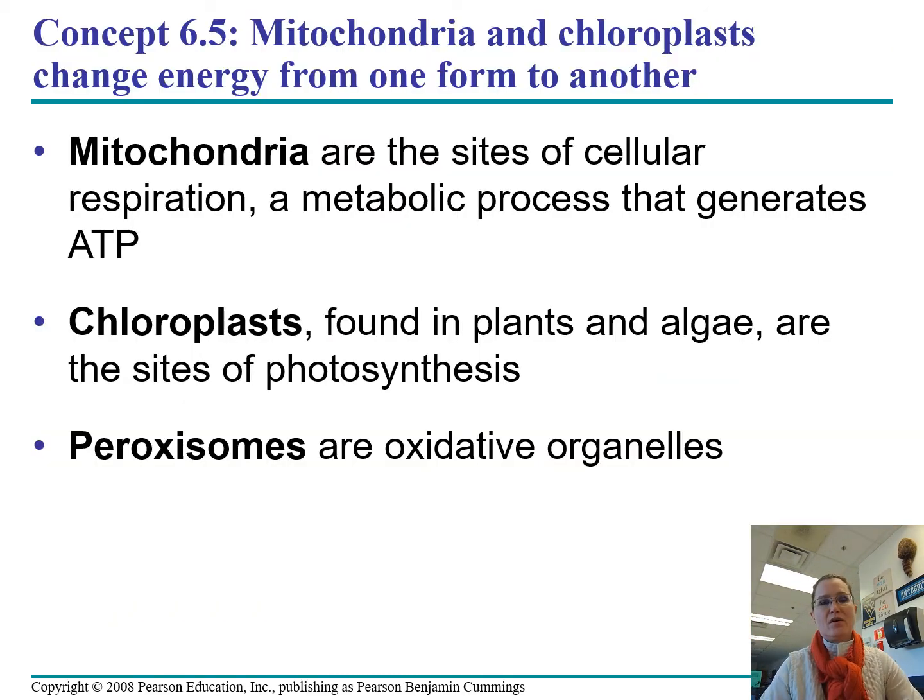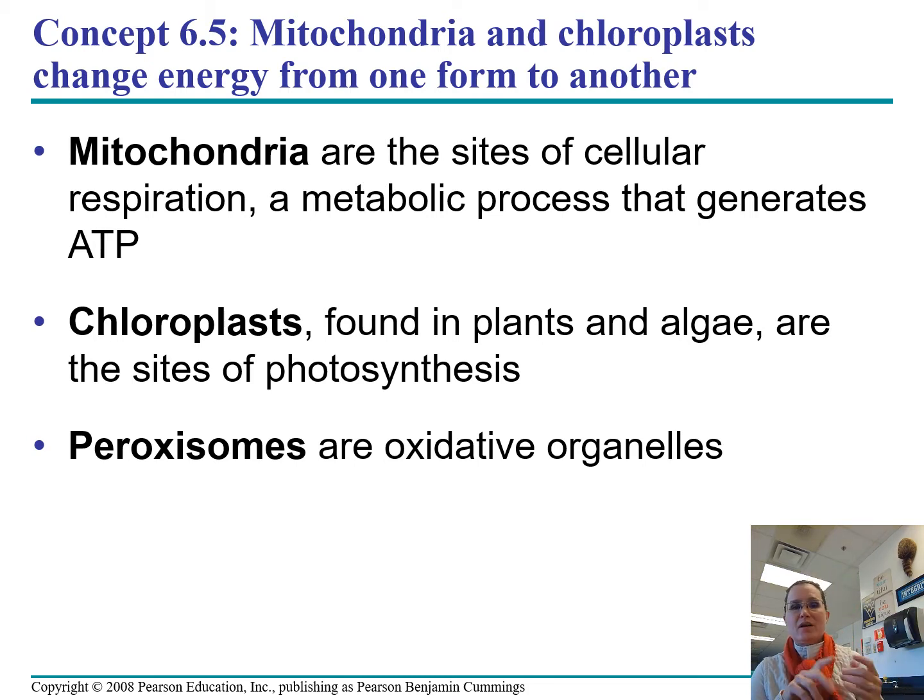And then there are cool organelles that are thought to have been sort of hijacked from pre-cellular times, and there are a bunch of pieces of evidence. One of them is mitochondria. The other one is chloroplasts.